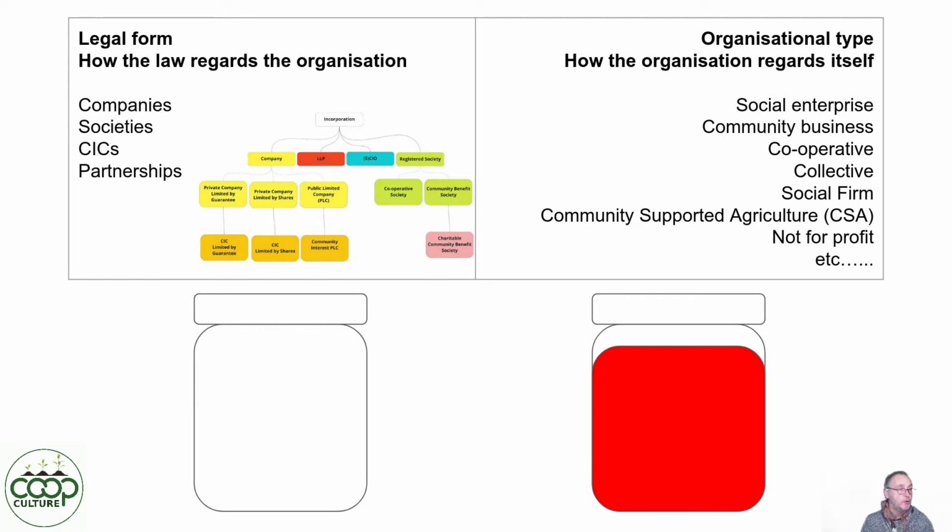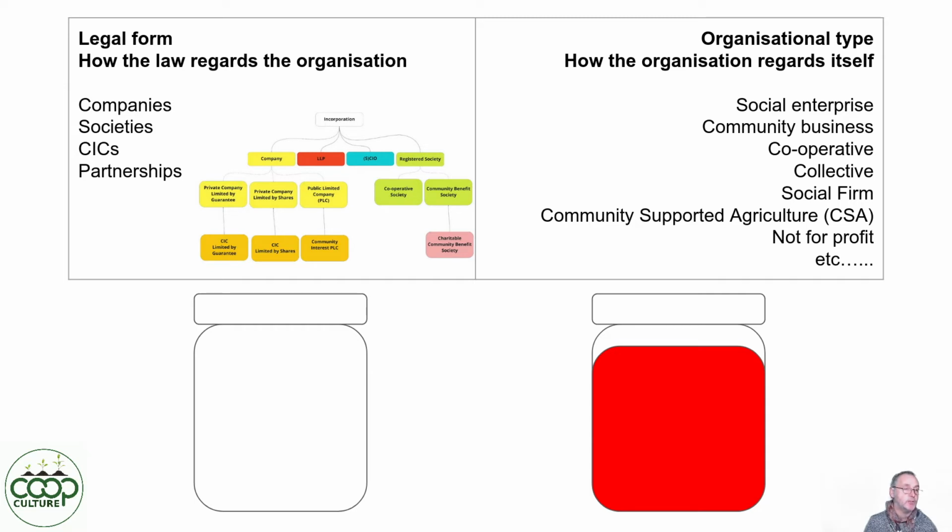But first of all, before we do that, I want to make the distinction between legal form and organisational type. So that family tree that we covered in the previous video, with things like companies, societies, KICs, partnerships, SCIOs, that's the legal form. That's how the law regards the organisation. However, the groups that I'm working with, their attitude to these things is they're almost like tools to get the job done.